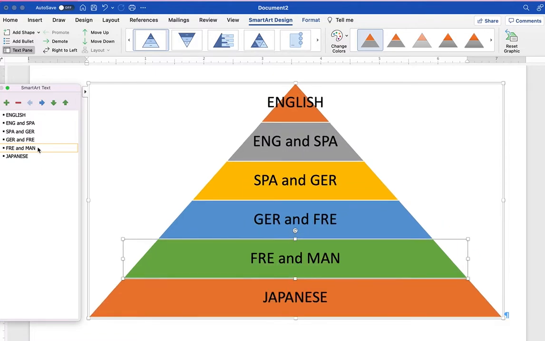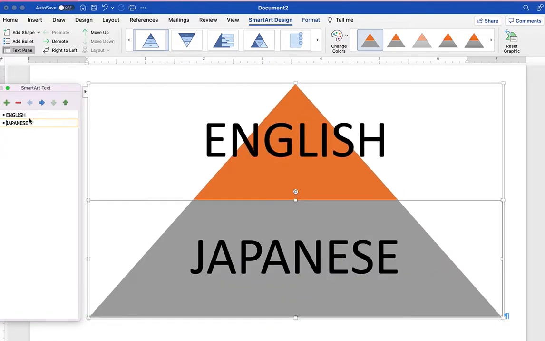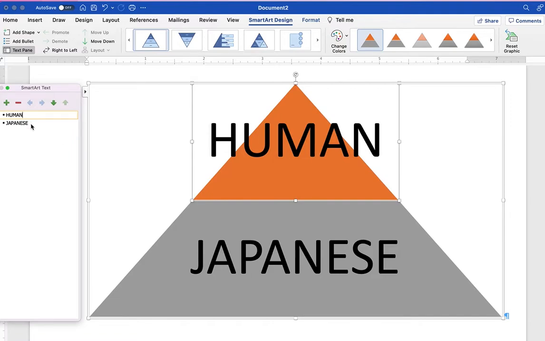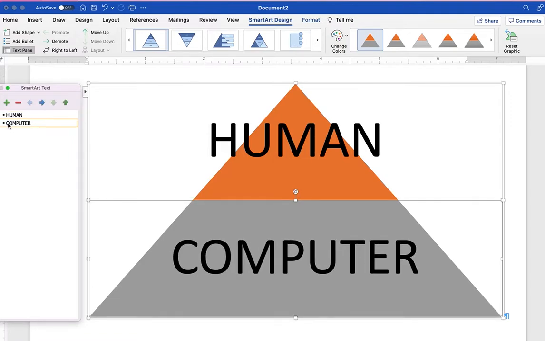That's basically what's happening in computer language. Just replace the words English and Japanese with human and computer. Because if we really think about it, we are humans. We are flesh and blood. We require water. We require air. That sort of stuff. And then we have the computer.